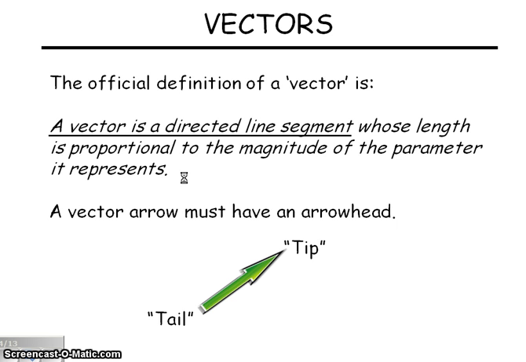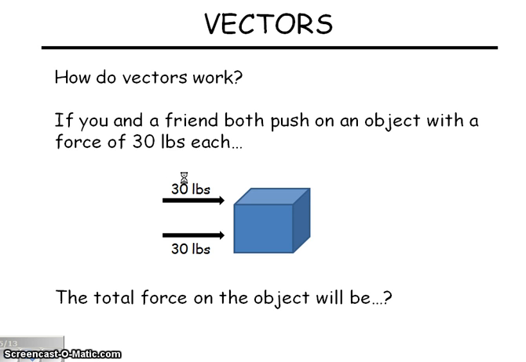And you must have an arrowhead on it. That's often called the tip. There's the tip there. And the tail would be the back end of the arrow. That's only for discussion purposes when we're saying how to add these things. So that's the basic definition of a vector.